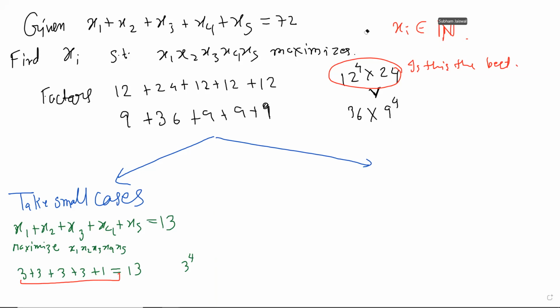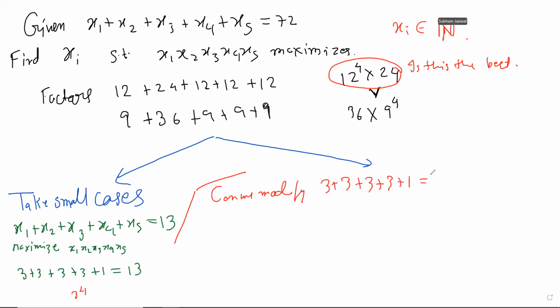That is what we are looking for. Try to maximize the product of the numbers. So this gives 3 to the power 4. Now the question is, can we modify this, 3 plus 3 plus 3 plus 3 plus 1, tweak it a little bit so that the product of the new numbers increases?